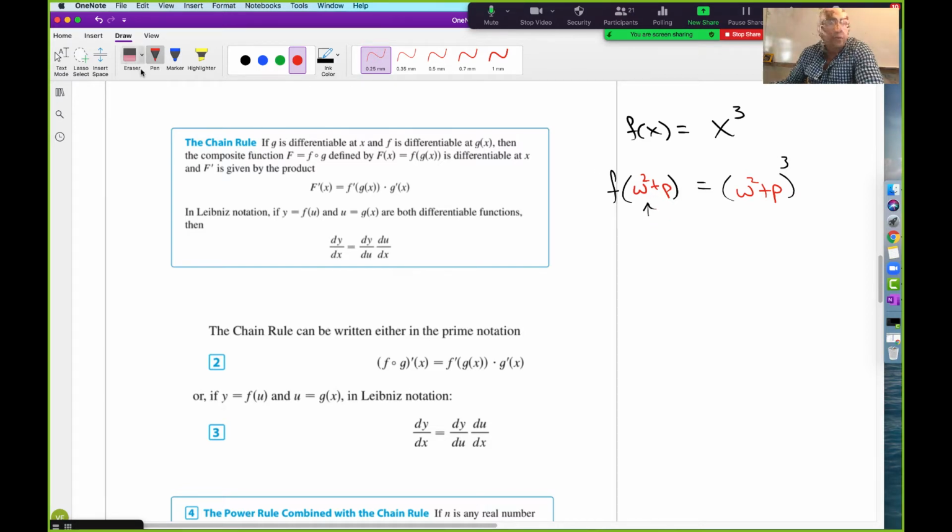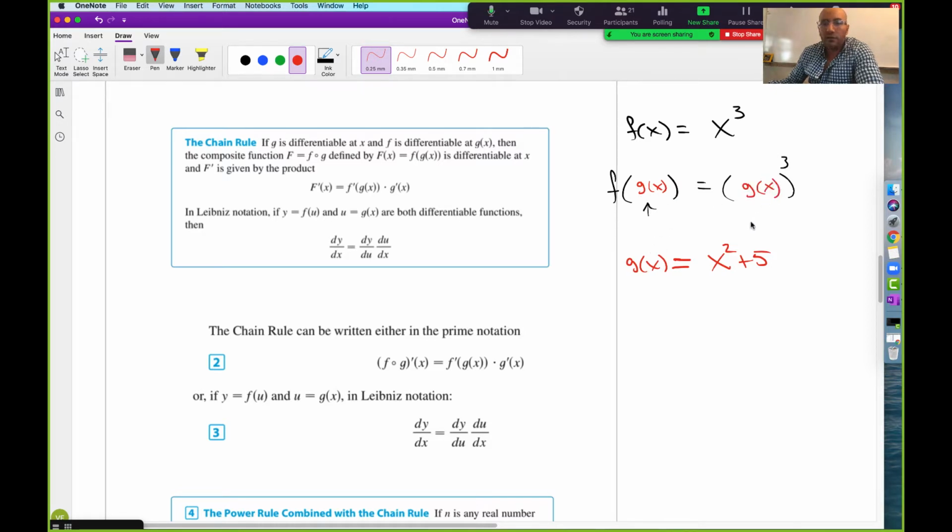So if in fact we actually have a definition of g of x, let's see, g of x equals x squared plus 5, let's say that. Then when we plug that in here, instead of writing x squared plus 5, we can just put a g of x in here.